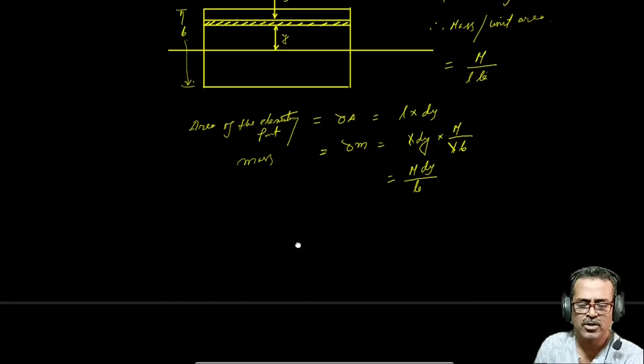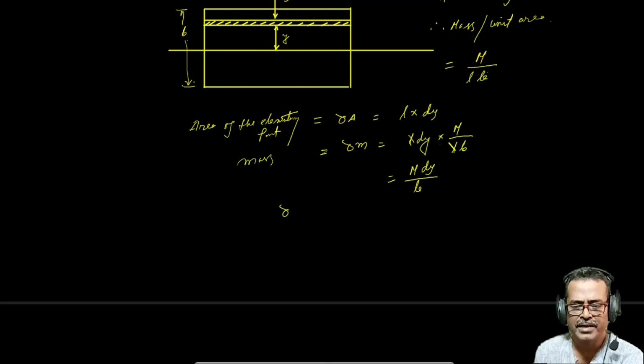Now moment of inertia of the elementary mass is del I, which is M dy by B, mass, into r square, that is y square.